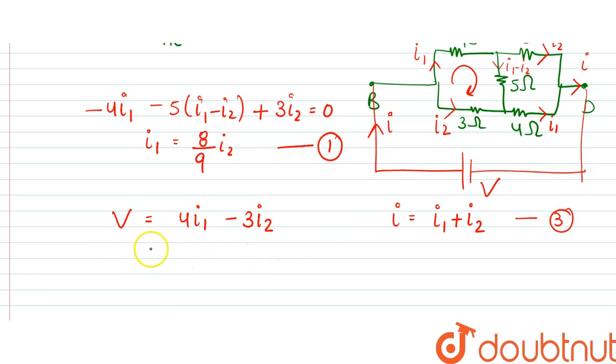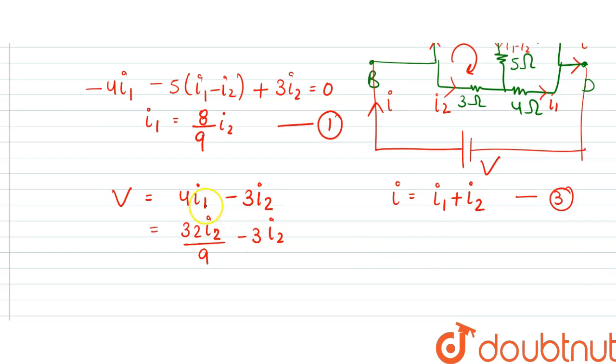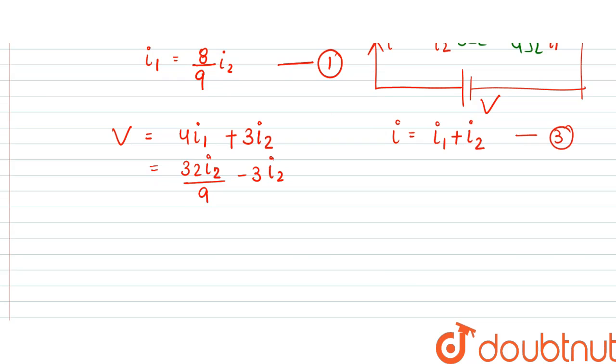Now when we substitute I1 as 8 by 9 I2, it would be 32 I2 by 9 plus 3I2, so this would be equal to 59 by 9 I2. Let this be the second equation, right?